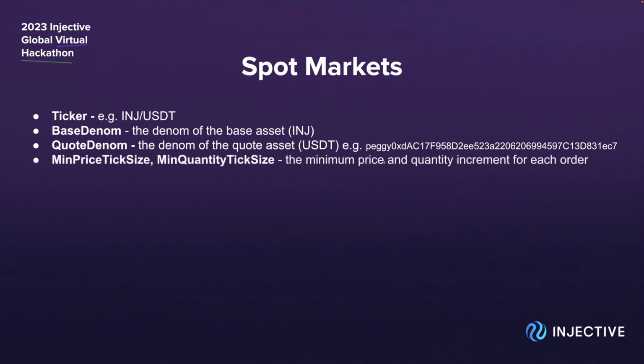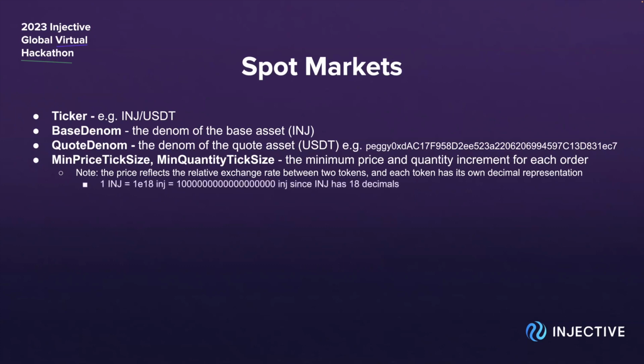There are also tick sizes that are relevant, which specify the minimum price and quantity increment for each order. The important thing to note here is that for spot markets, the price reflects the relative exchange rate between two tokens, and each token has its own decimal representation. INJ, for example, has 18 decimals, so one INJ in human readable form is expressed by 1E18 INJ.